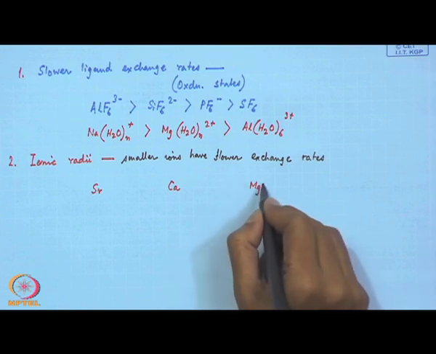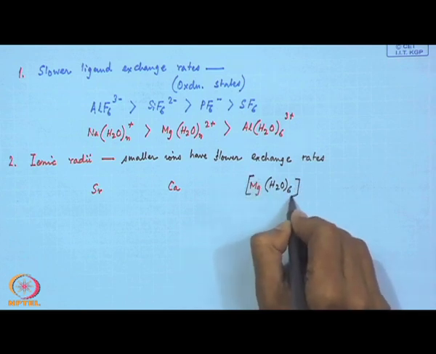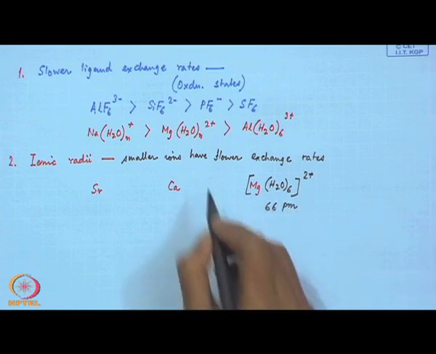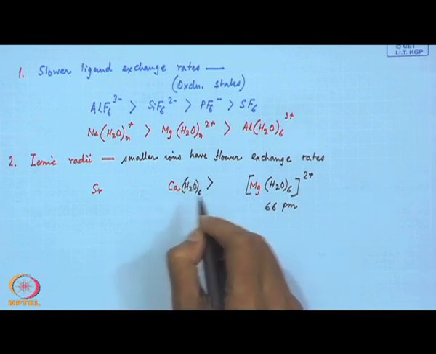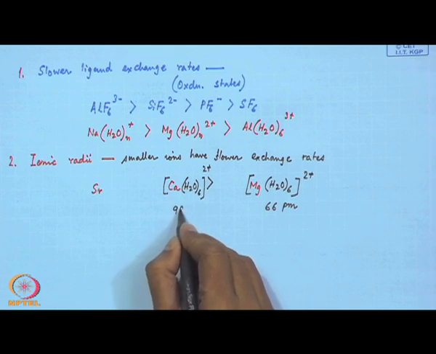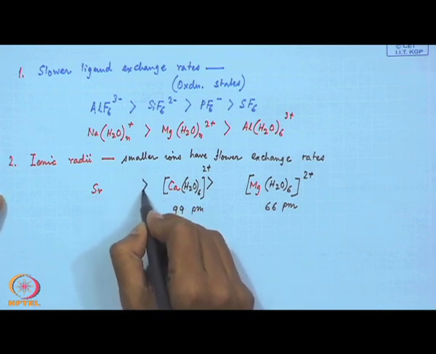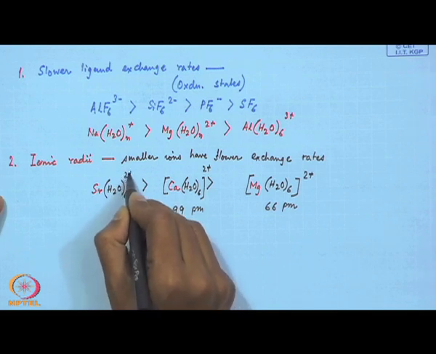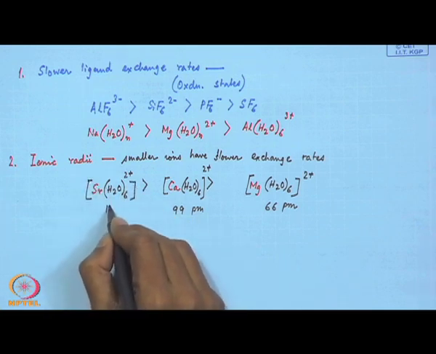So, the smaller ion is magnesium hexaaqua, which is 66 picometer only, which is less than calcium 2 plus, which is 99 picometer, and then strontium, which is 112 picometer.